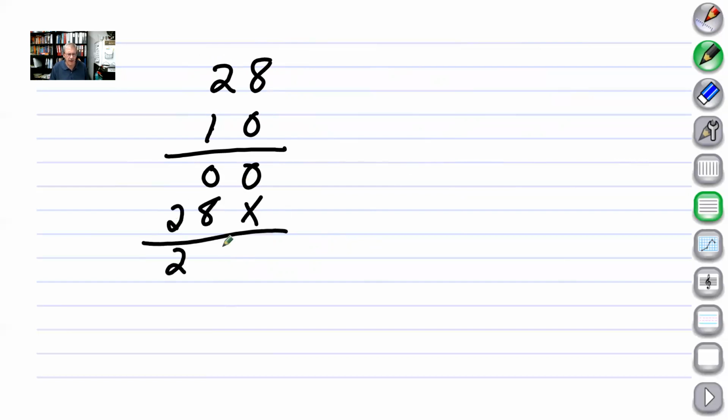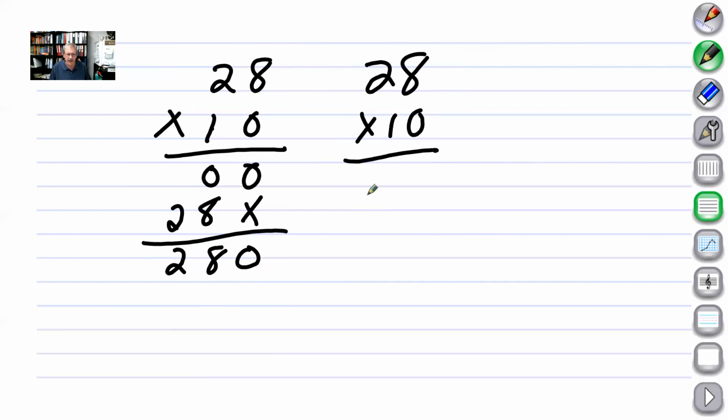Some people get all mad when you do it this way, and that's fine. Or just remember, if you multiply by 10, it's going to be simply that number with a 0 behind it for the tens place. So it moves it over a little bit, and we just put the 10 in there.